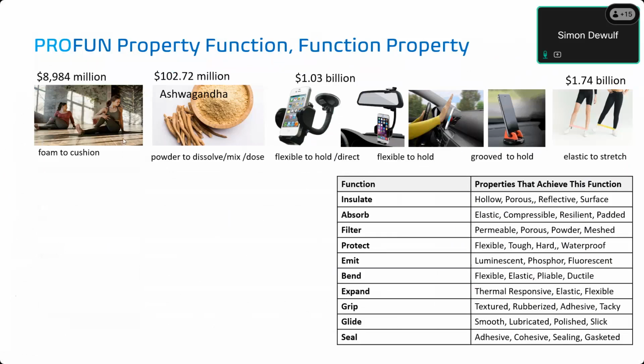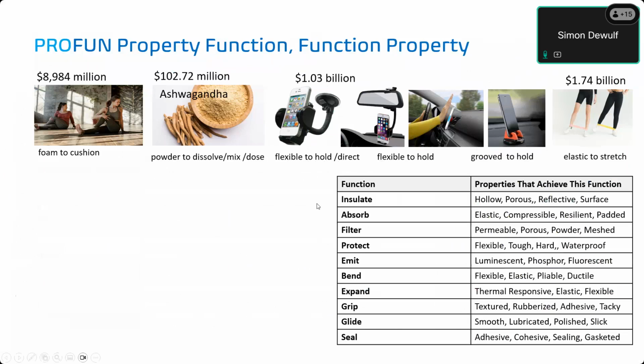If you look at, for example, properties of yoga mats here, or powders, or flexibility, I didn't know that just the simple product to hold your phone in the car, which uses resources like the window here, or the rear mirror, or even the blower here of the air, that's a 1 billion market. It's crazy. But you can see it's about flexible to hold or direct. It's about flexible to hold or groove to hold. Or here, even the 1 billion market is a simple thing, which is just an elastic to stretch.